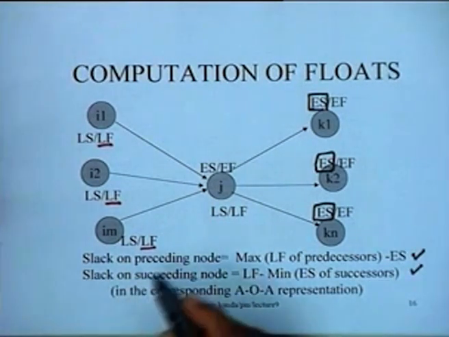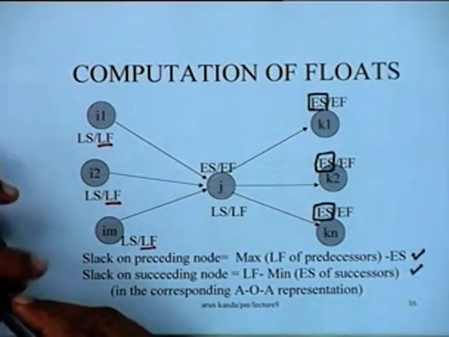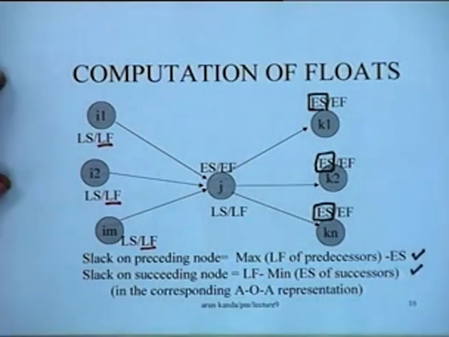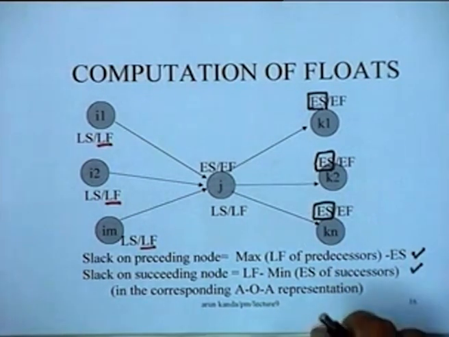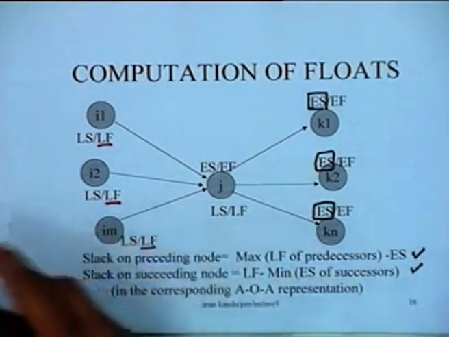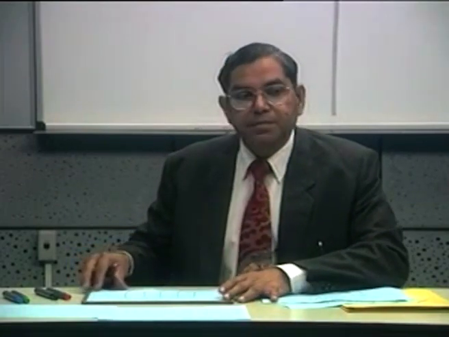And mind you, this particular representation comes from that basic interpretation of the various kinds of floats that we just tried to see. So by using this interpretation, we can in fact compute all the floats for the example.